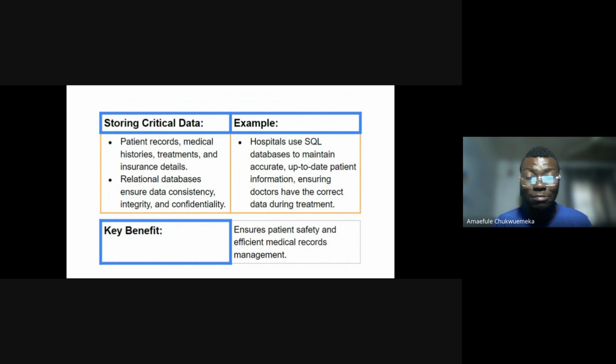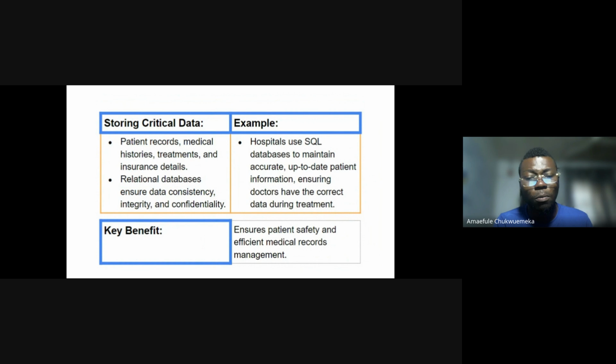And the patient will lie. And if the patient lies, the doctor will prescribe accordingly, and the rest is history. So key benefits of using a database for a medical center definitely will be patient safety. You want to treat things with a lot of safety in the medical sector, and you want the record to be efficient.